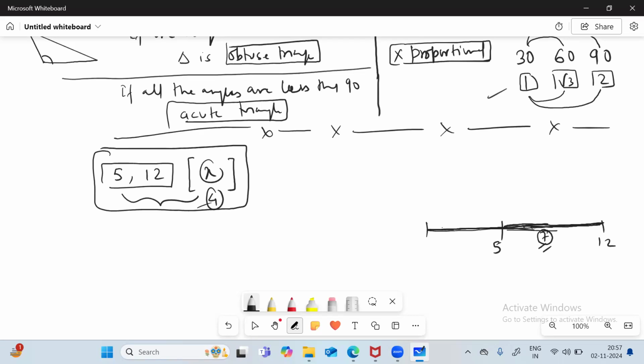So the third side x must be greater than 7. If we go in a cyclic way and this side is again 5, then the third side of the triangle will be greater than 7.